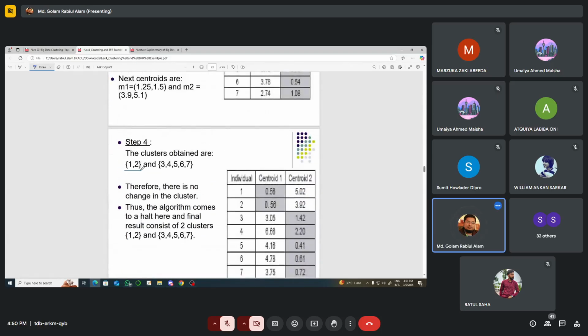In cluster 1, C1, we have 2 data points, and in cluster 2, we have 5 data points. I think no need to explain in detail how we got those, as we already discussed it in our last class.